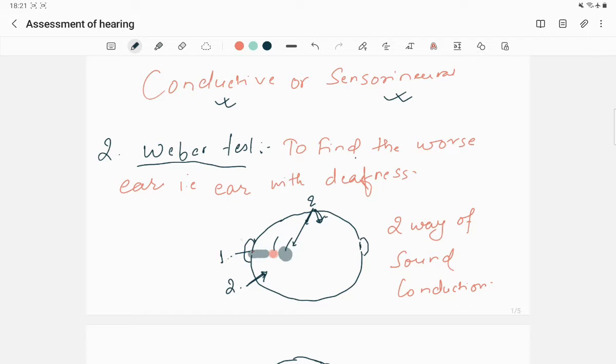So I am telling this once more. First pathway: external ear, external auditory canal, middle ear, inner ear, where the cochlea will be stimulated. Another pathway is by stimulating bone, that is by bone conduction. So it can be done via the mastoid process or on the forehead.